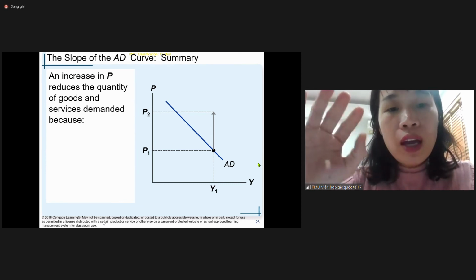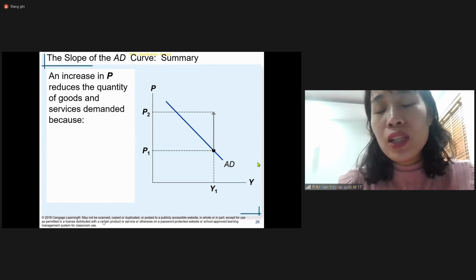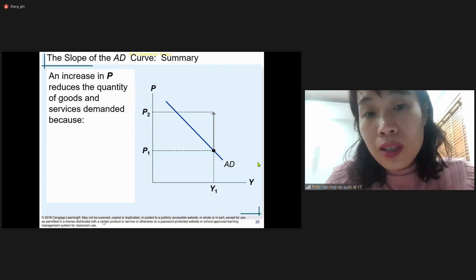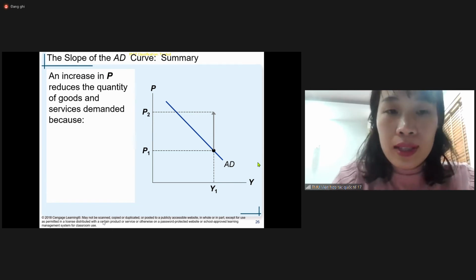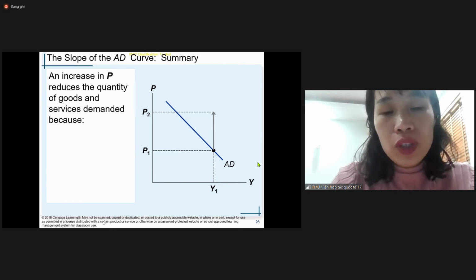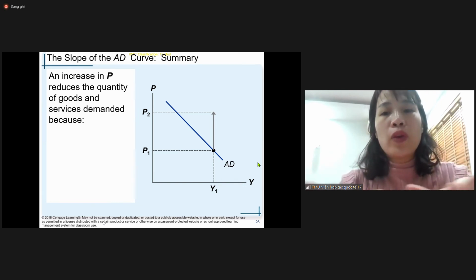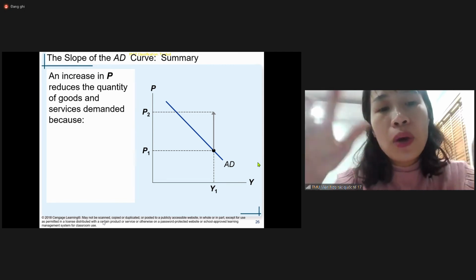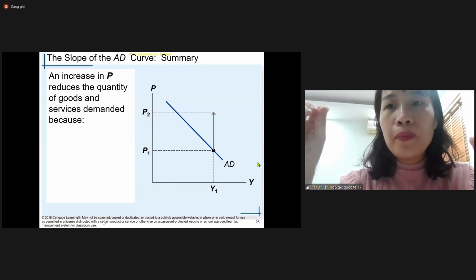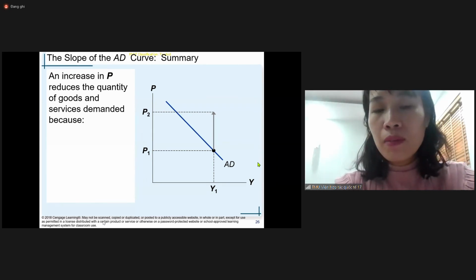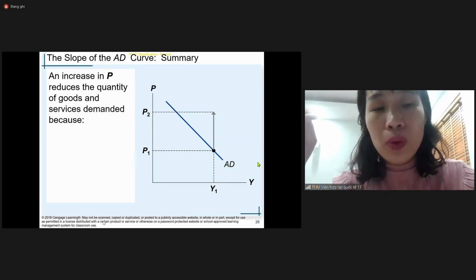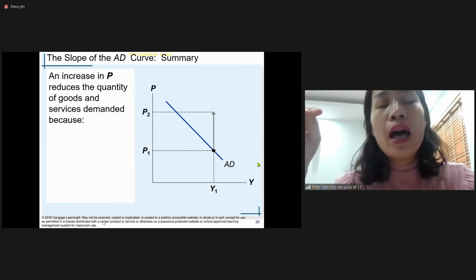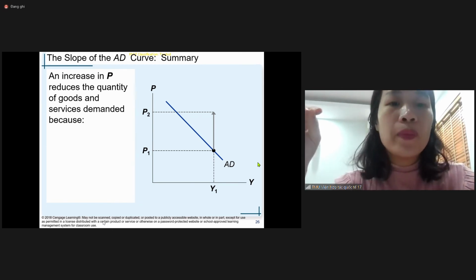So if the effect on interest rate that lead to investment increase is larger than the price impacts on the consumption, then we have the total AD still increase. Okay, but if the lower interest rate lead to an increase in investment but less than a decrease in consumption, then we have AD decrease.